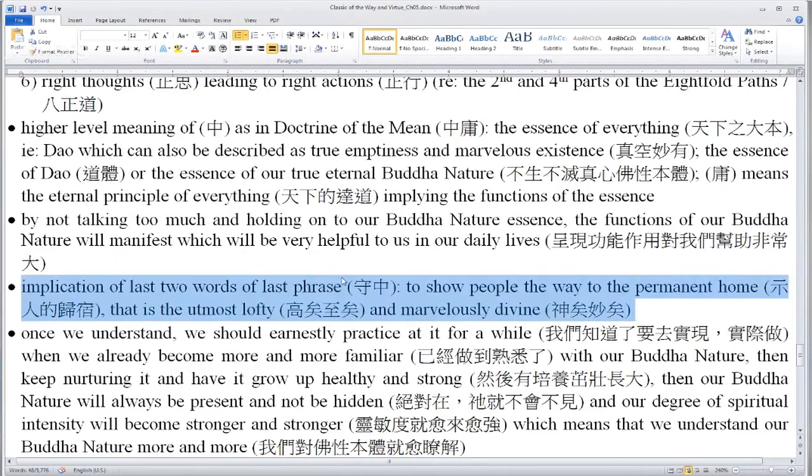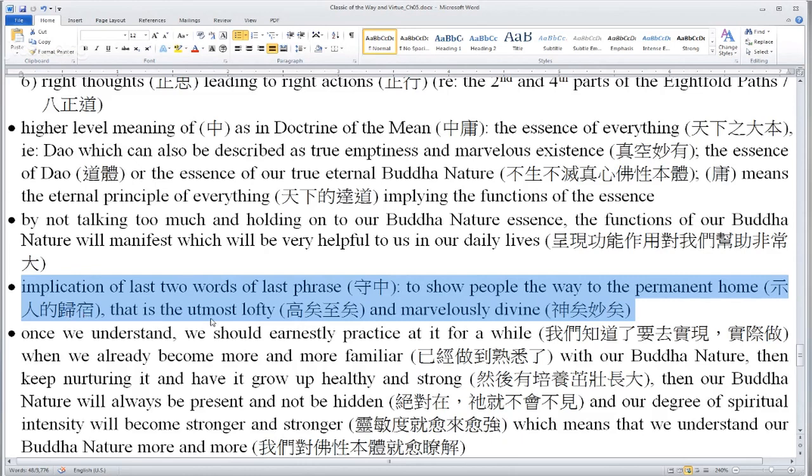The implication of the last two words of the last phrase, 手中, is very important. It is to show people, sentient beings, the way to the permanent home. 死人的归属, right? 属 means lodging, overnight lodging. 死人 is to show people the path, the way back to our home.